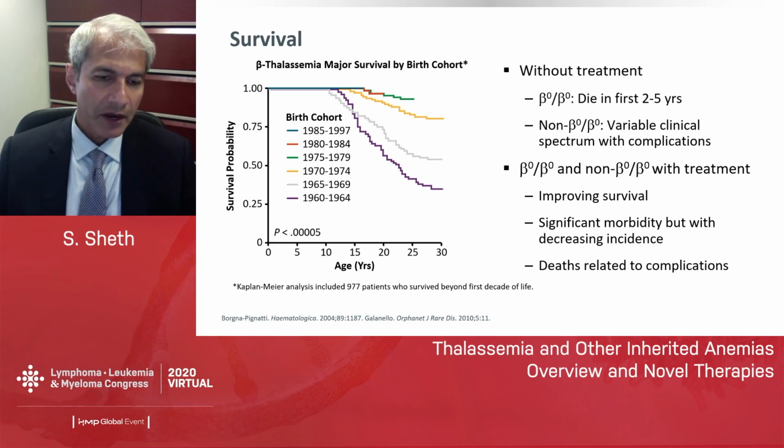And I think it's fair to say that patients born after the year 2000, particularly in the era of oral chelation and better monitoring of iron overload, should have near normal life expectancies. Of course, these older individuals do have significant morbidity, but the incidence of those morbidities is actually decreasing for sure.